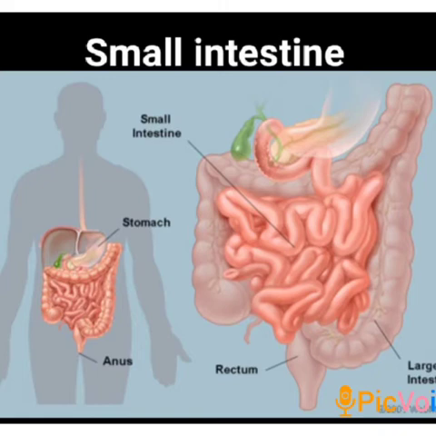The partly digested food now reaches the lower part of the small intestine, where intestinal juice completes the digestion of all components of food. So the main components of food are carbohydrates, fats, and proteins.